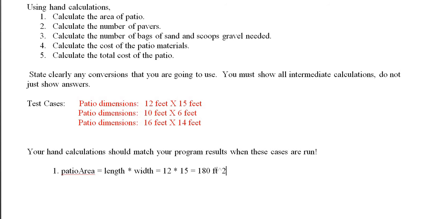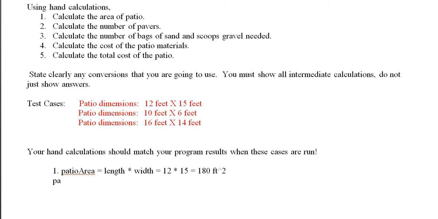This right here with the caret is going to be my convention for showing you what squared is. We may need to know the square footage in inches, so it'll be the area in square inches. And how do we do that? I think we know that since there are 12 inches in a foot, there will be 12 times 12, or 144 square inches in a square foot.